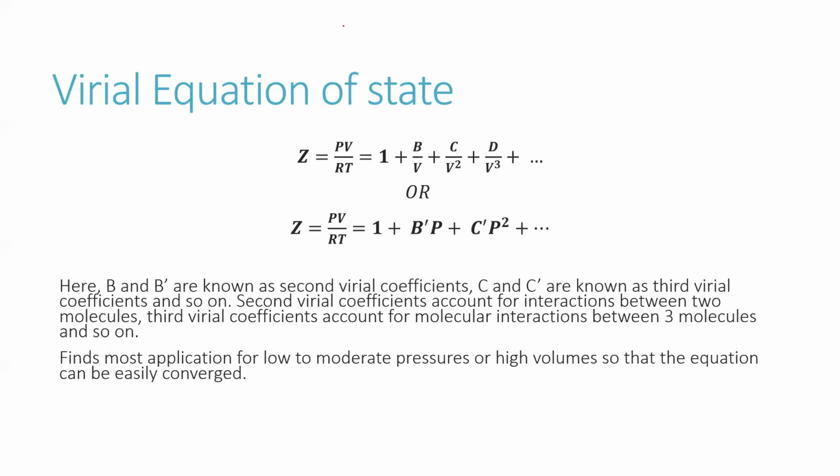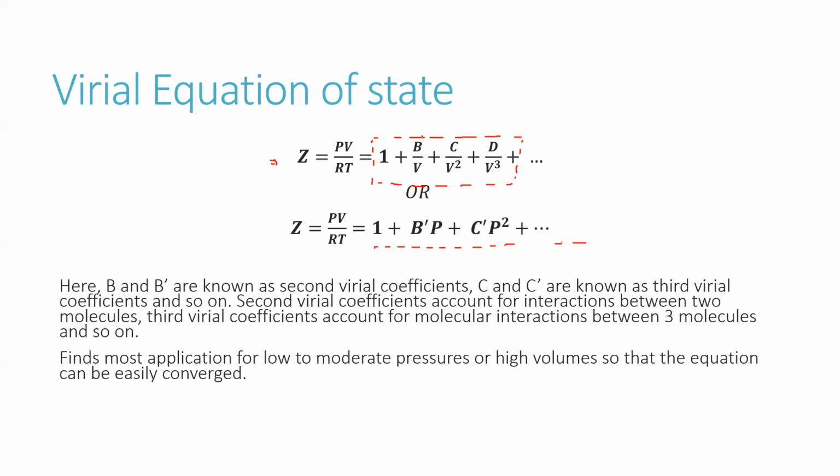So we basically say that Z, which is PV by RT, where V is the actual volume, not the ideal volume, keep that in mind, is equal to either 1 plus B by V plus C by V square plus D by V cube and so on, or Z is equal to 1 plus B dash P plus C dash P square and so on. Here B dash, C dash, D dash are considered as virial coefficients.